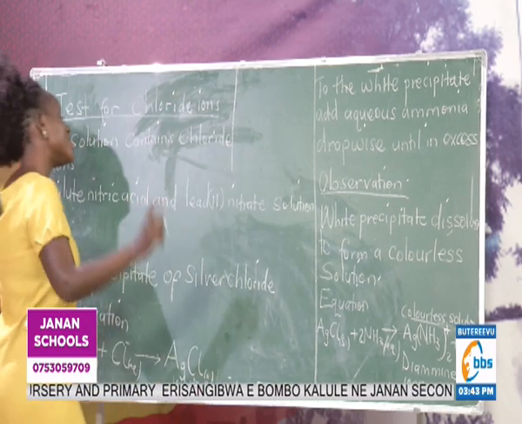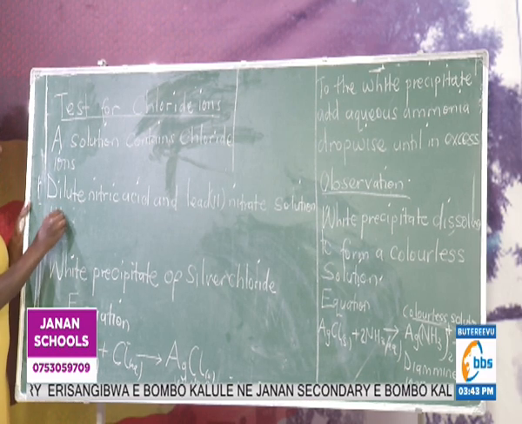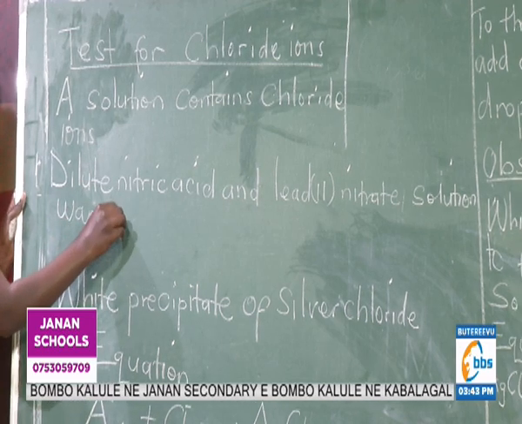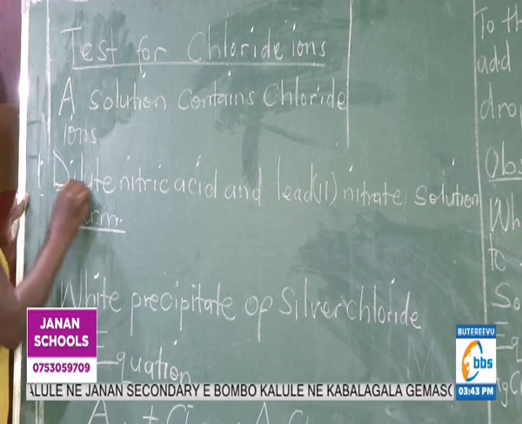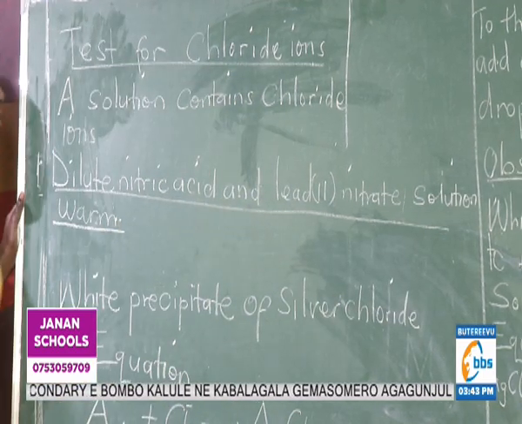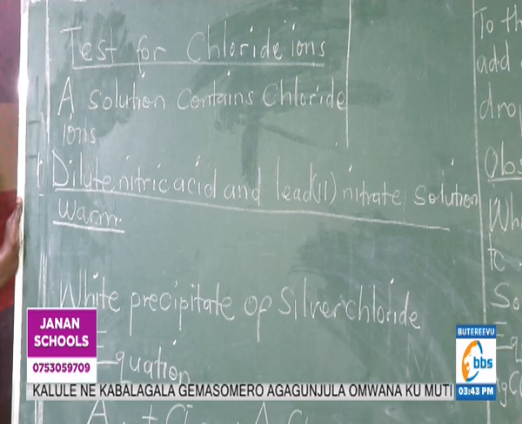And this is a conditional reagent. And then do what? And then warm. Okay? Dilute nitric acid and then lead 2 nitrate solution and then you warm.